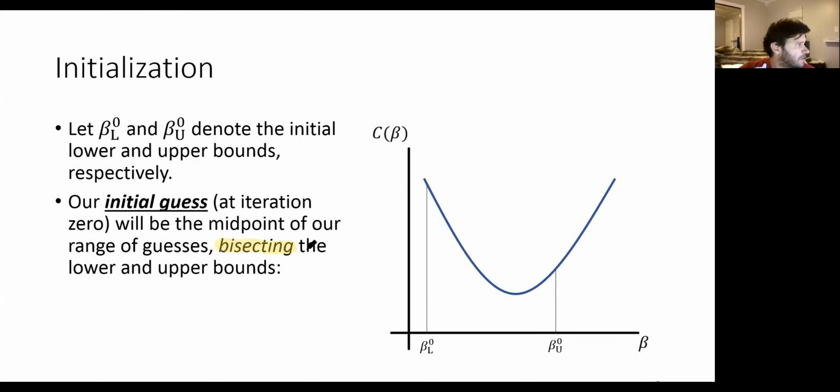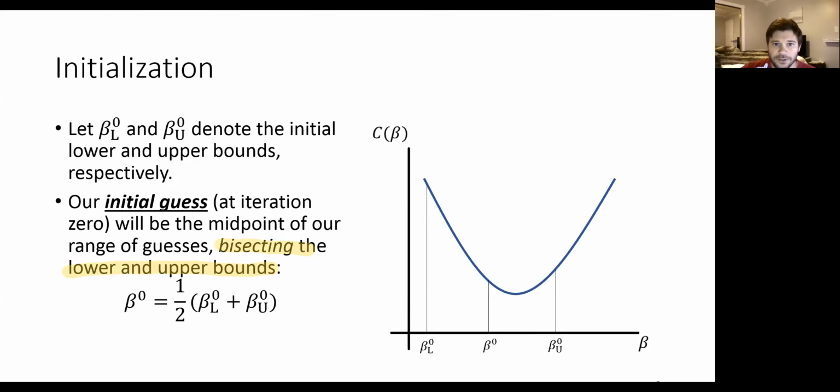We're bisecting the upper and lower bounds, which means we're going to add them and divide by 2. We're going to take the linear average. So here is us doing that bisection. B0, our guess in period 0, is a function of our initialization guesses, the upper and lower bound, and that's going to bisect that region right here.